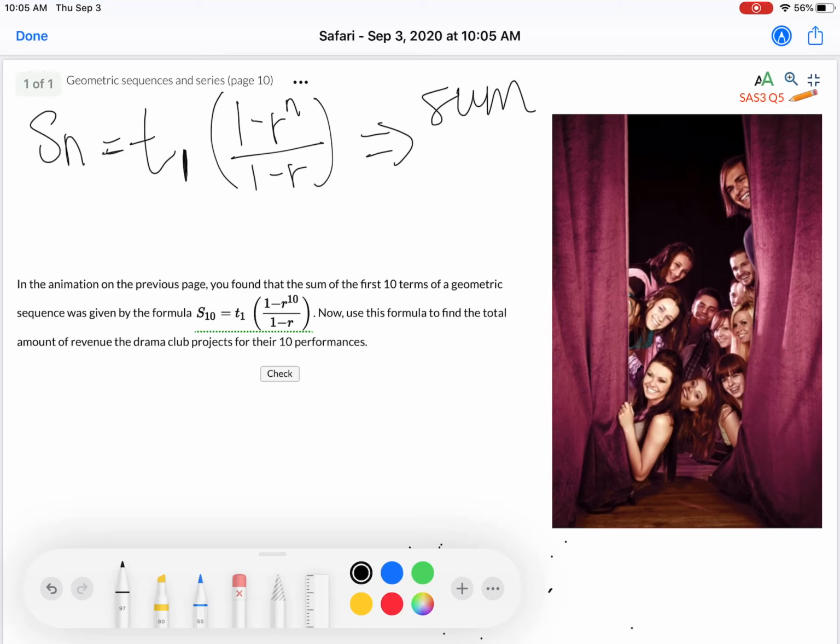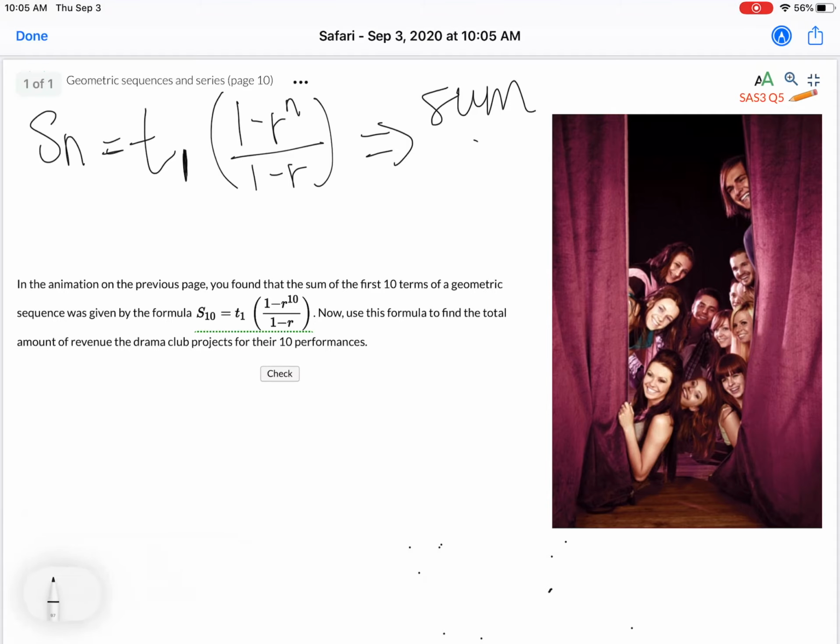Or not the sum. Let me back up. The sum of however many terms you're looking for, okay?